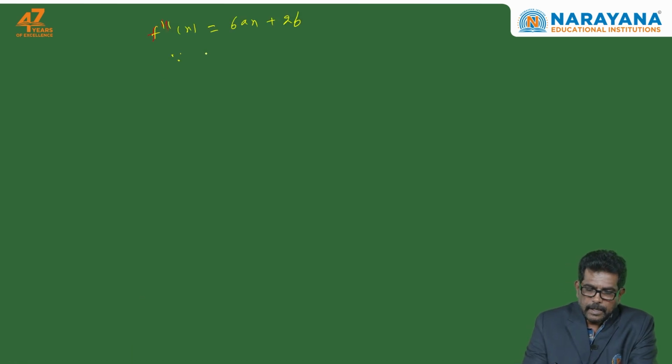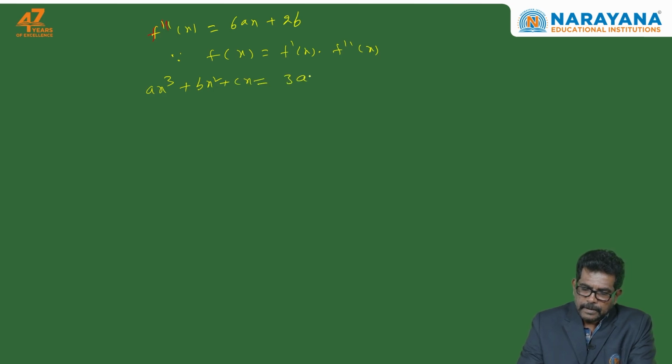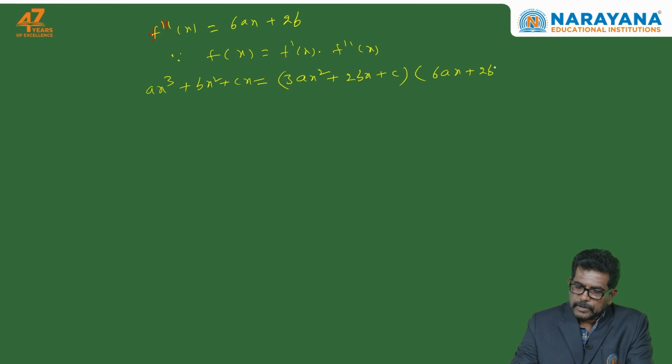Since it is given that f of x is equal to f dash of x into f double dash of x, we consider ax cube plus bx square plus cx is equal to 3ax square plus 2bx plus c into 6ax plus 2b.